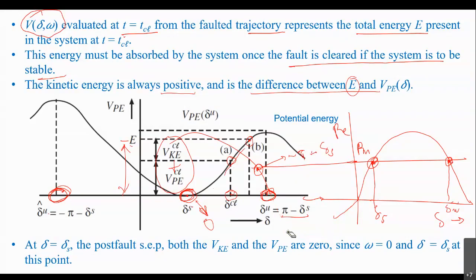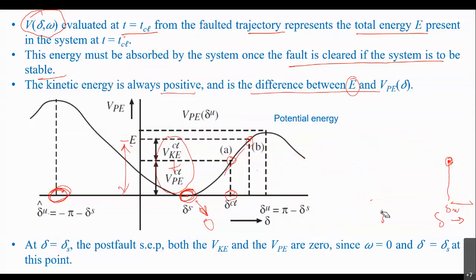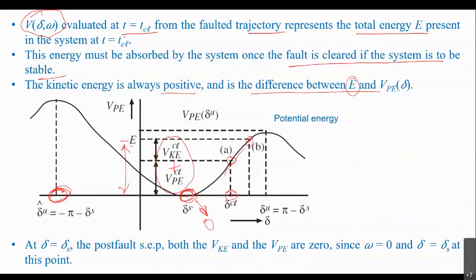So these are two unstable equilibrium points, and at the stable equilibrium point, we know from the computation that the kinetic energy and the potential energy both are 0. Now as the fault is cleared at delta CL, the potential energy will increase gradually, right?